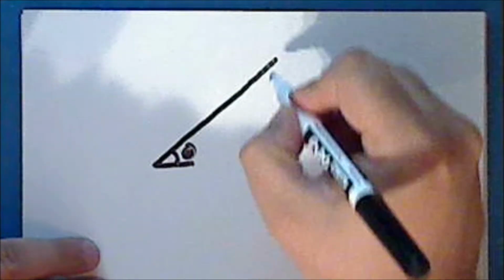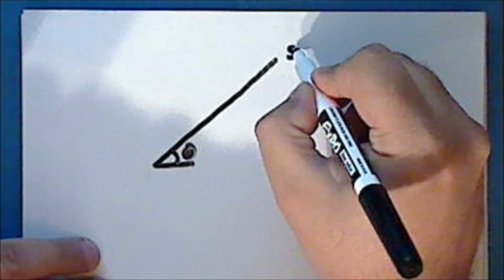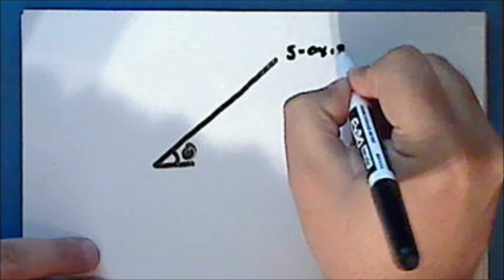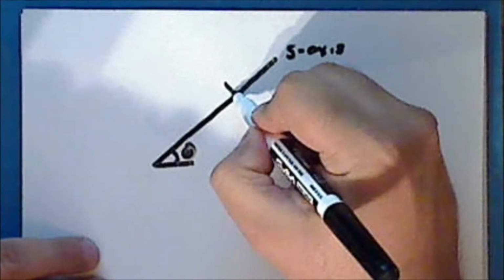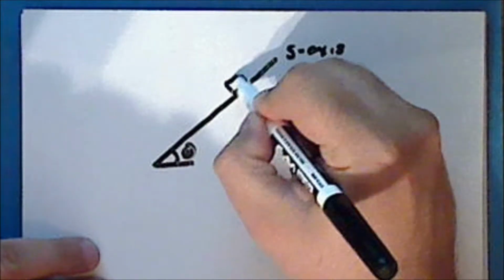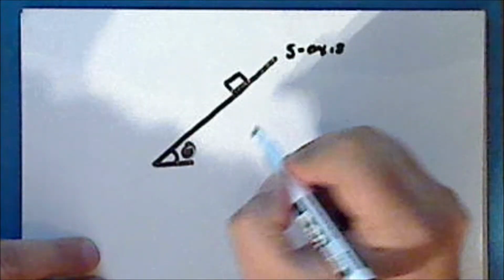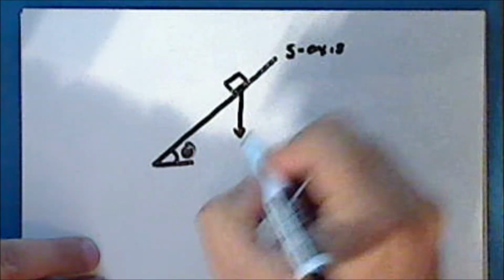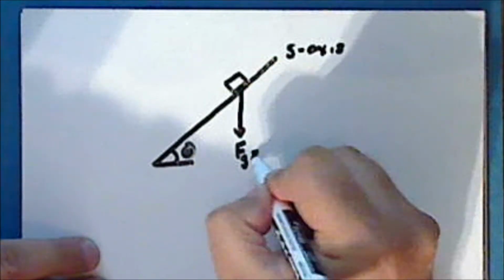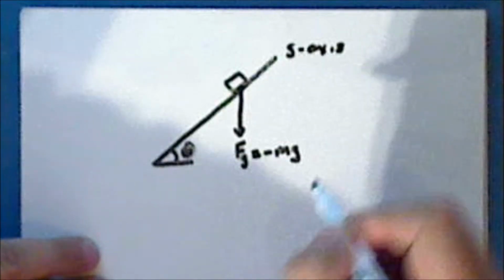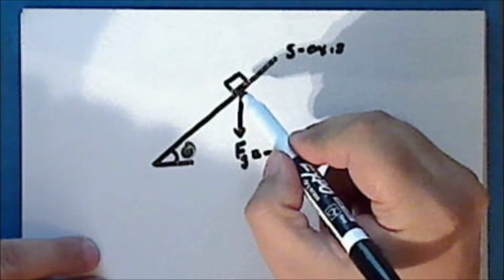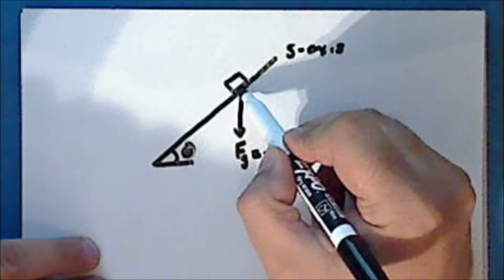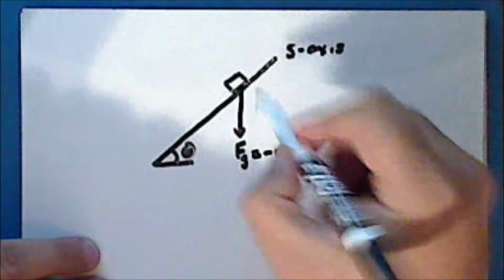And let's call the axis of the plane the s-axis. Now, for an object on this frictionless plane, there are two forces acting. We have the force of gravity, which is directed straight towards the ground, and we have a normal force exerted on the object by the surface of the plane that is perpendicular to the surface of the plane.